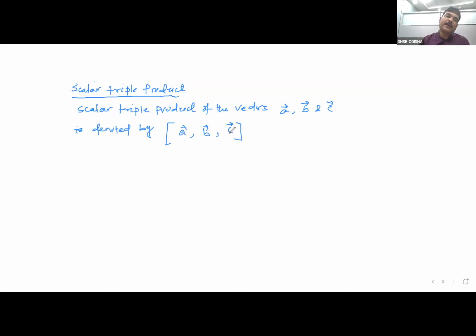This is also known as box product, which is defined by box product ABC equals A dot B cross C. Box product ABC is defined by A dot B cross C.